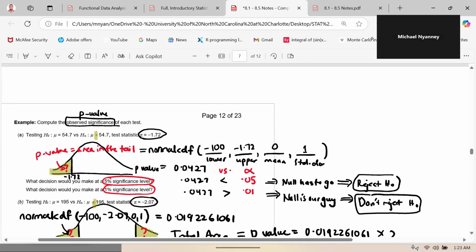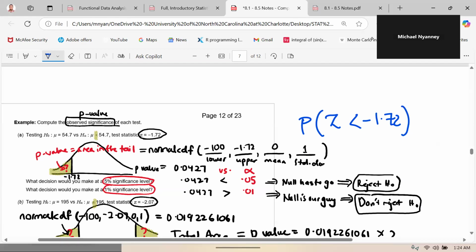So the p-value is written based on the direction. You write probability of z less than, based on the direction, then you bring your value, minus 1.72. Okay, so you write this. So this is the p-value.